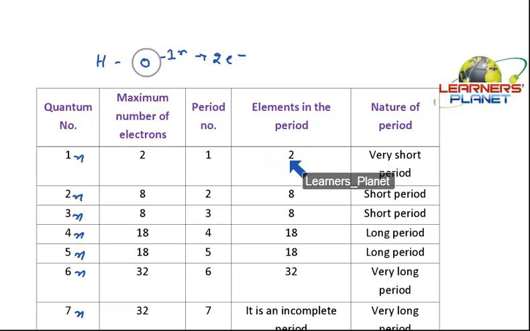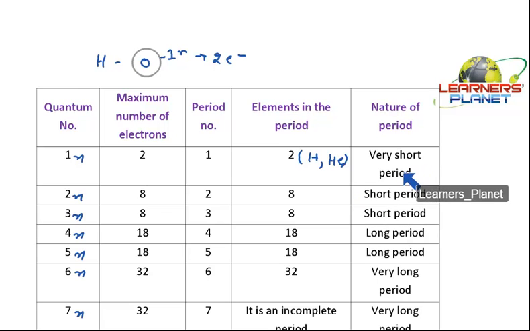That is, what are the elements? The elements are hydrogen and helium. Now this is a very short period. Now 2n, in the second period there are 8 elements. So how many electrons can it accommodate in its shell? 8. This is a short period.